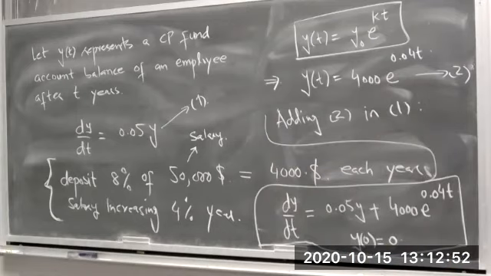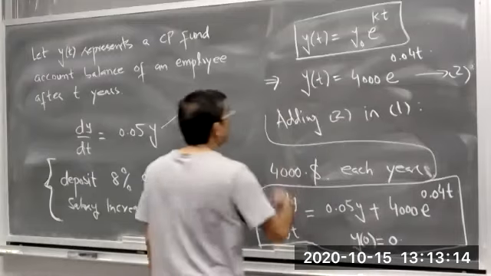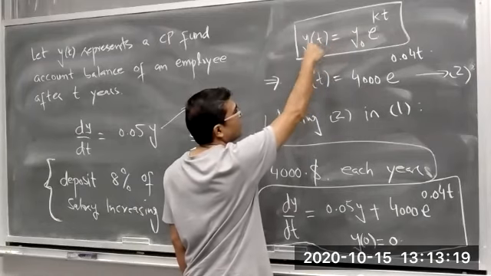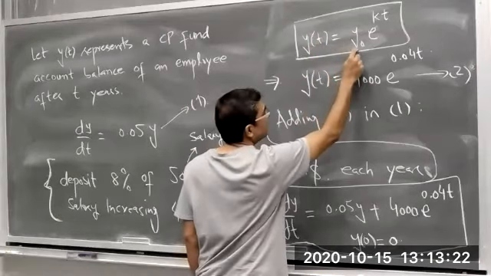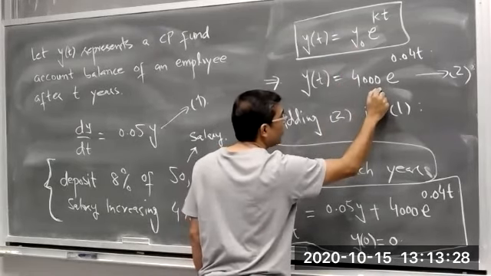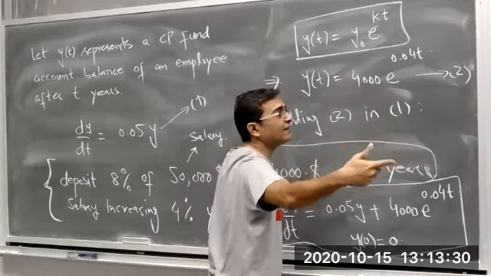Sir, I wanted to ask: what you did, salary increasing 4% each year, right? Yes. So now the 4,000 inside this will also change, because if our salary does not stay 50,000, then its 8% will also not stay 4,000, right? Definitely, you are right. But here, this function describes the continuous interest with the initial investment. This is your initial investment, not the investment which increases each year.